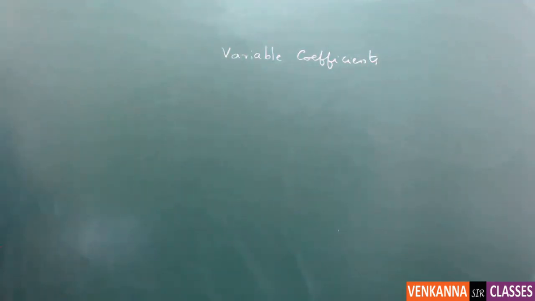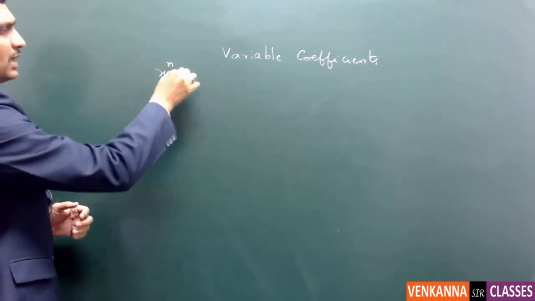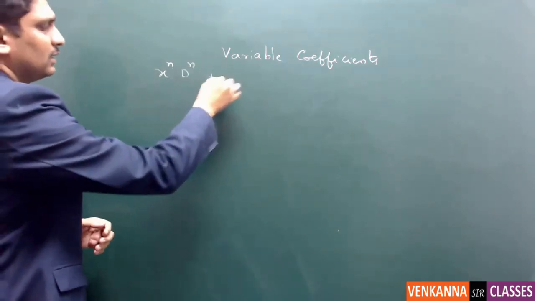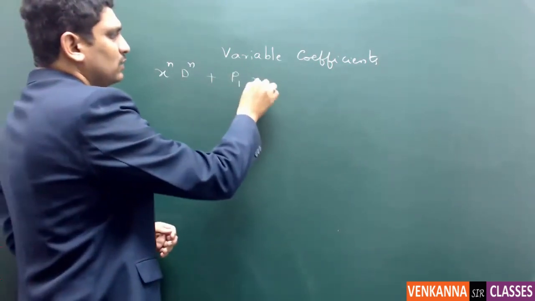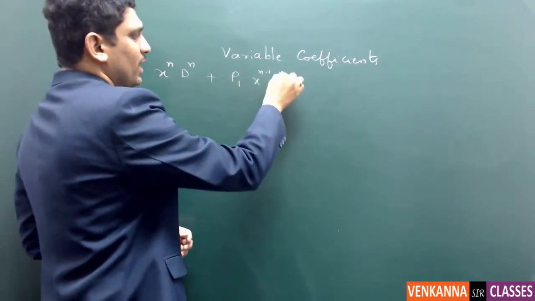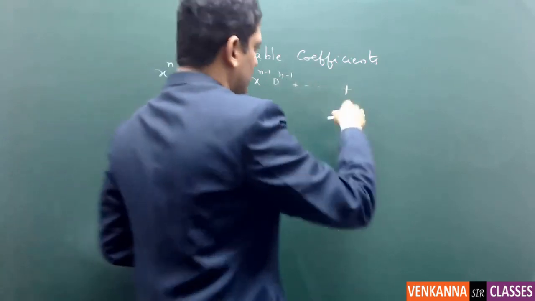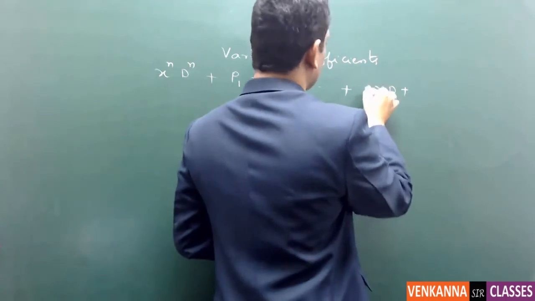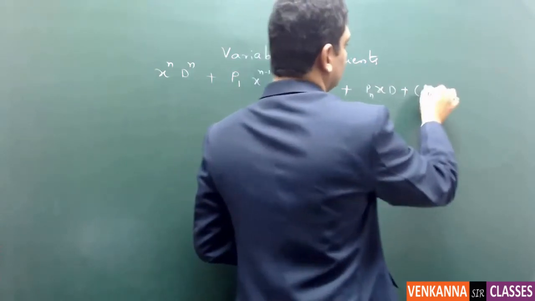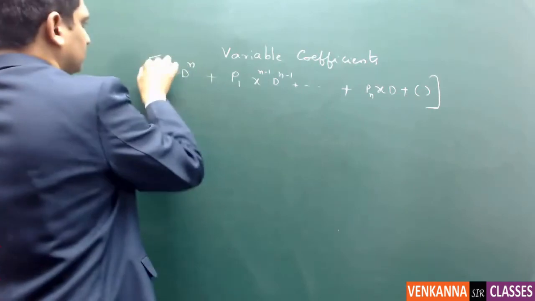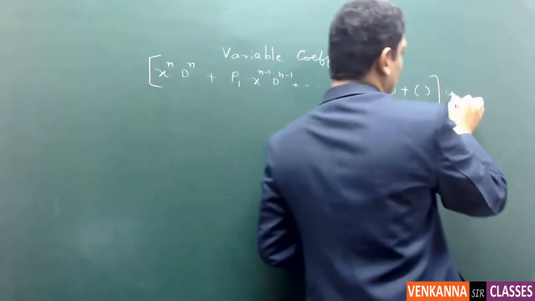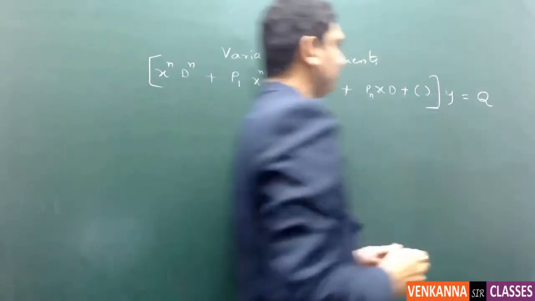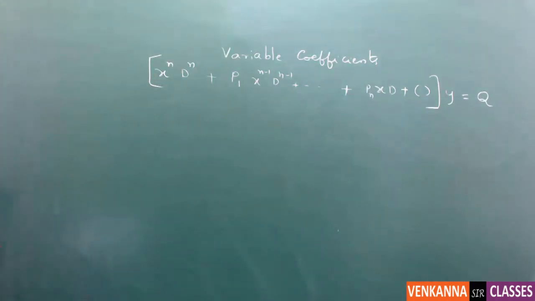The typical form of Cauchy-Euler equation is x power n d power n plus some constant into x power n minus 1 d power n minus 1 plus so on plus xd plus constant. This is the general form of Cauchy-Euler equation.